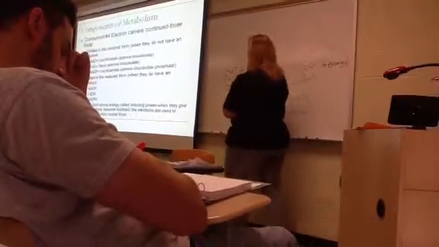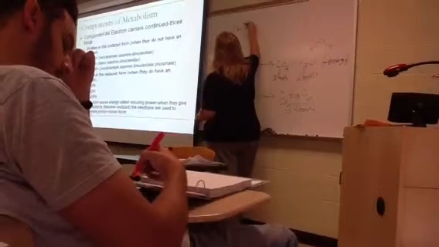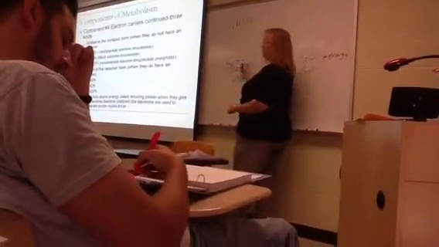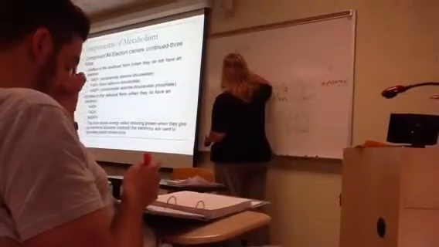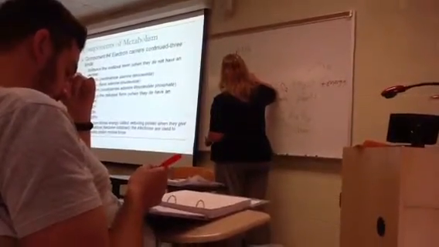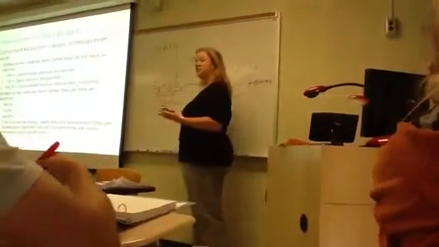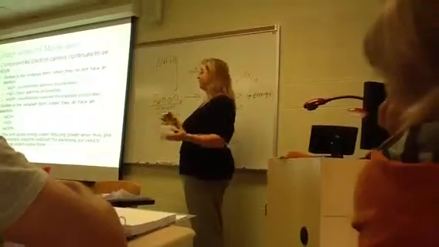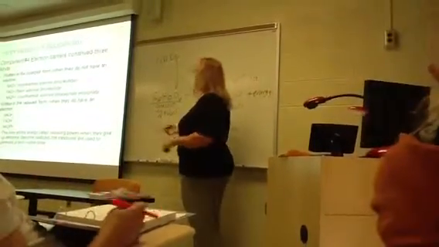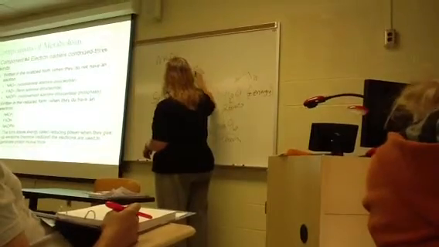So let's say we had an NAD+ floating around in the cytoplasm of our bacteria, and that bacteria ate some glucose, some sugar. So the NAD+ is going to come over to this sugar and steal an electron from it. Well, electrons don't happen by themselves, right? Remember chapter 2, all atoms have equal numbers of protons and electrons. So when it picks up this electron, it's also going to pick up a proton.